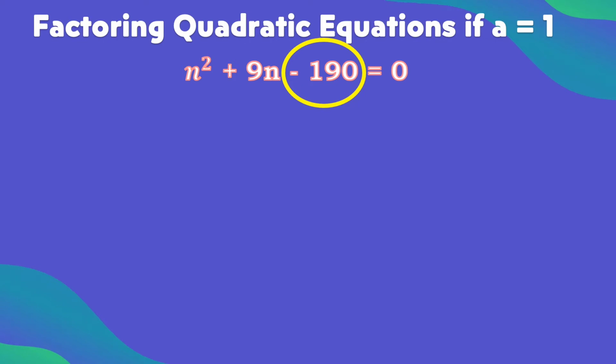But negative 190 is a negative product, so meaning the factors can be one negative factor and one positive factor. After getting the factors of negative 190, we will get the sum of each pair of factors. Here are the factors of negative 190 and their corresponding sum.